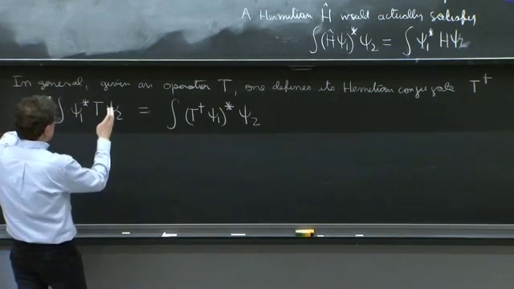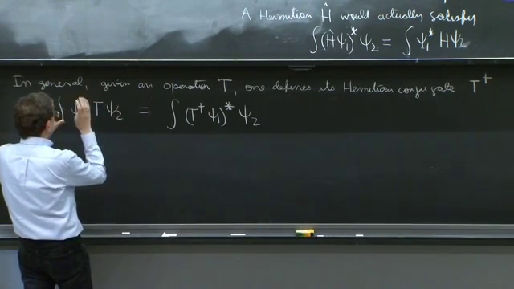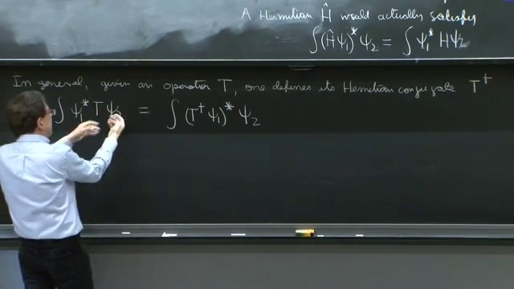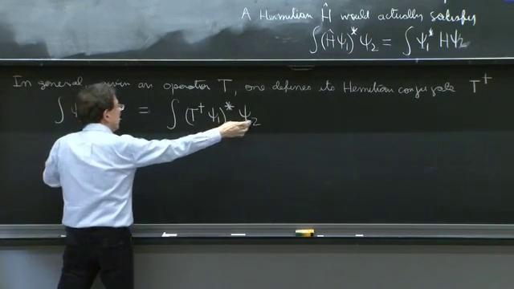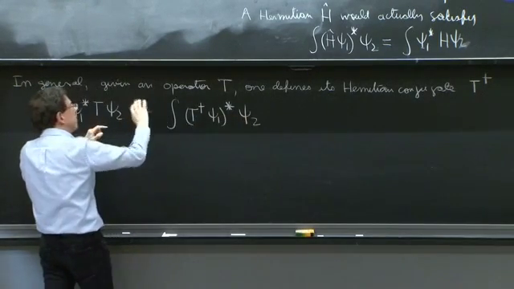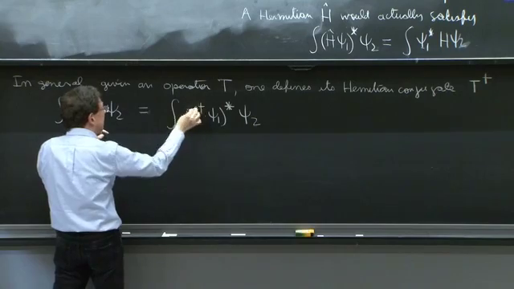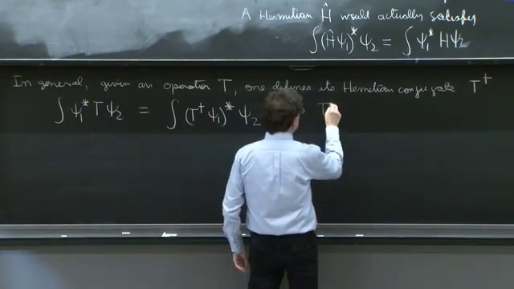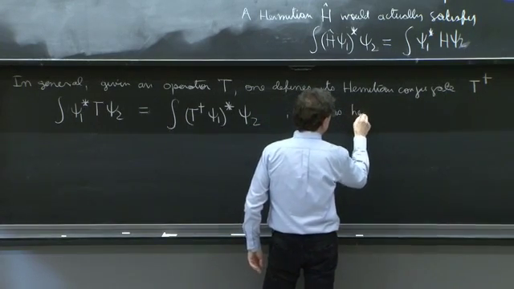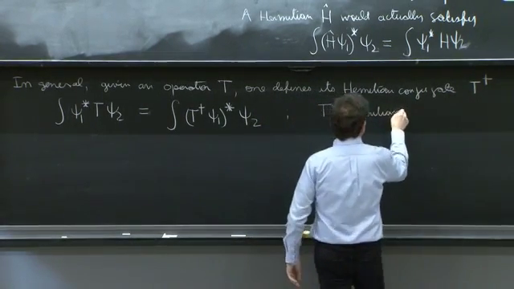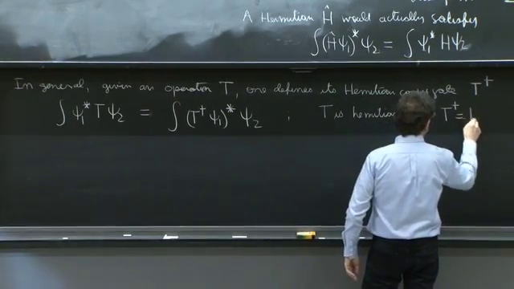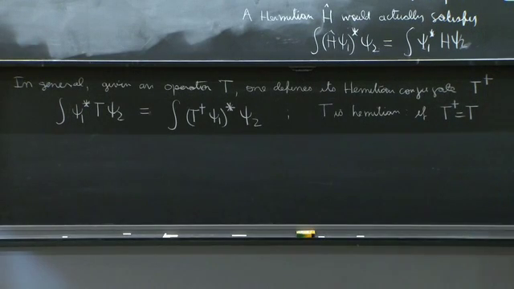So if you want to calculate the Hermitian conjugate, you must start with this thing and start doing manipulations to clean up the psi 2, have nothing act on psi 2, everything acting on psi 1, and that thing is called the dagger. And then finally, T is Hermitian if T dagger is equal to T. So if its Hermitian conjugate is itself.